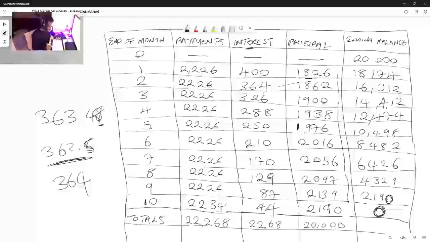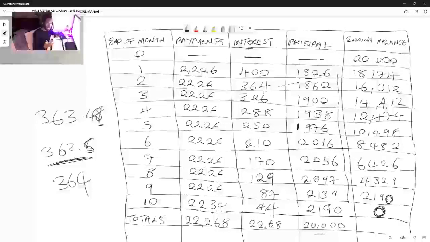And our principal of 20,000 is equal to our first ending balance here in period zero. So we can see that we've cleared out our loan and we've actually made adjustments to ensure that everything is settled. Okay, so in a nutshell, this is our loan amortization schedule.